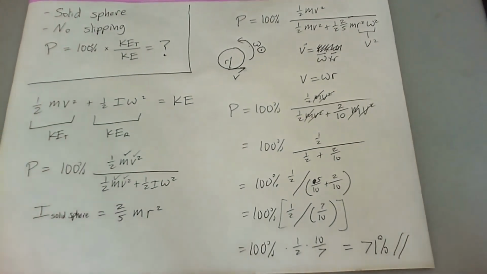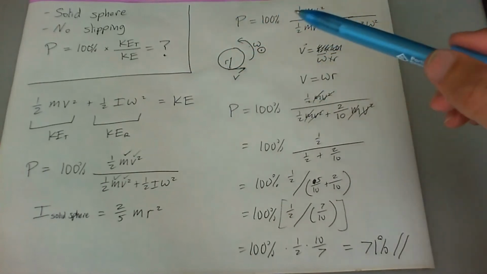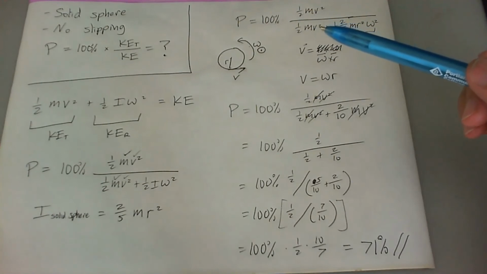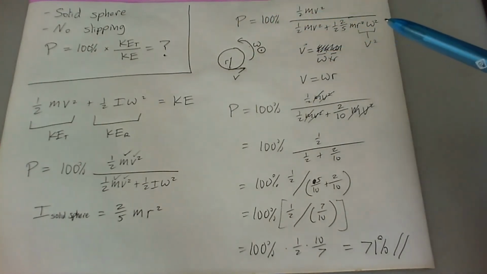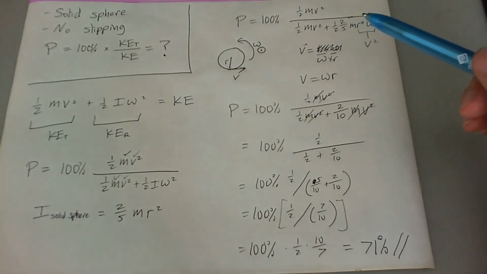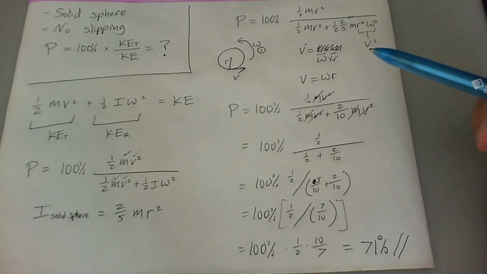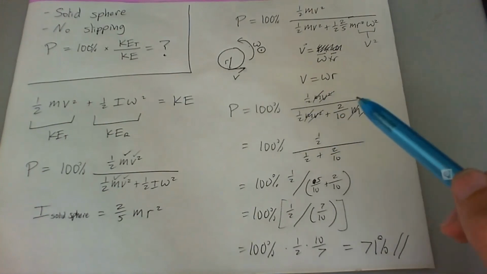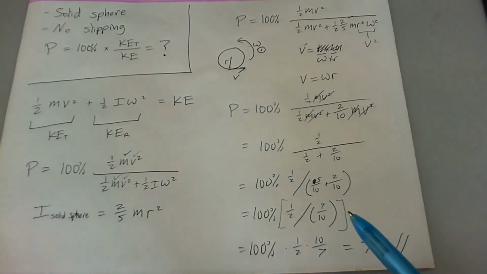So let's recap what we got here. Essentially, we are trying to find the ratio of the translational kinetic energy to the full kinetic energy of a rolling solid spherical ball. That comes out to be this equation here in its base form. Just doing a few conversions from one variable to another in rotational mechanics, we were able to cross off basically every variable in a term, leaving only numerical ratios.